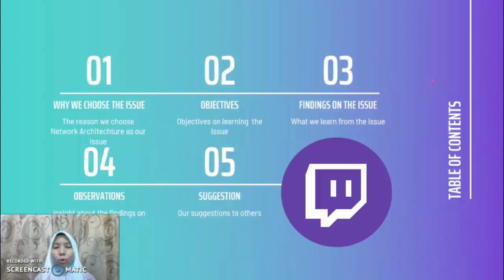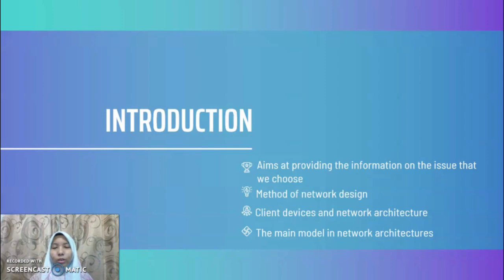From this video, we will talk about why we choose the issue, and then our objective. Next, what can we find from the issue? Fourth, our observation. And lastly, what can we suggest to other people regarding the issue? For the introduction, we will aim at providing the information on the issue that we choose, which is network architecture.